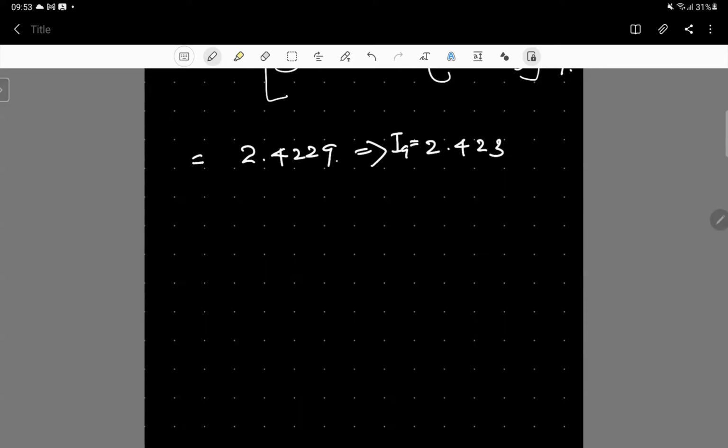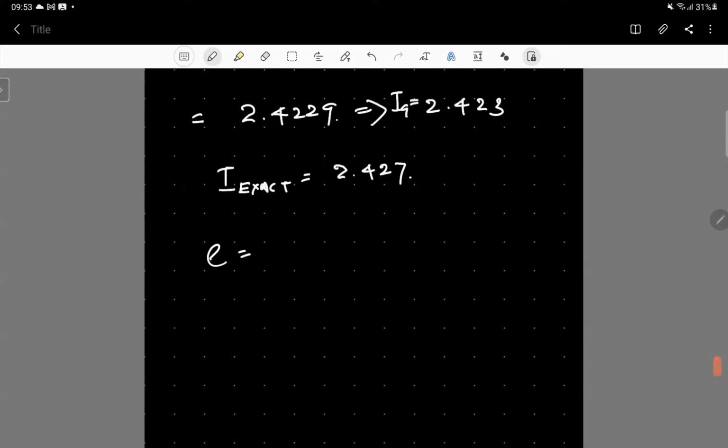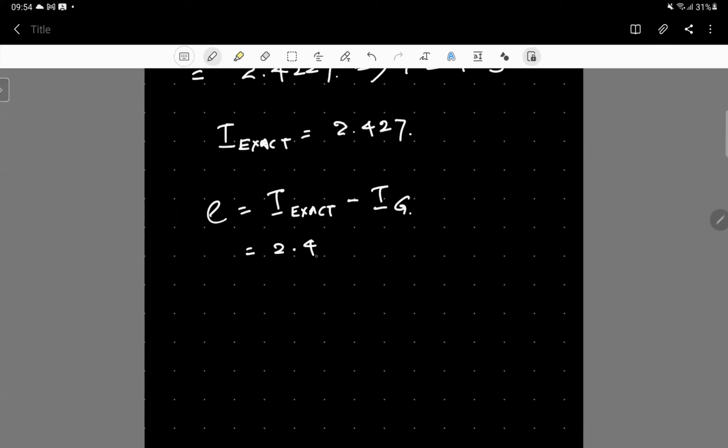I Gaussian is equal to 2.423, so there's an error of 2.427 minus 2.423, which is equal to 0.004. See, in comparison to the exact solution, there's an error in certain cases.